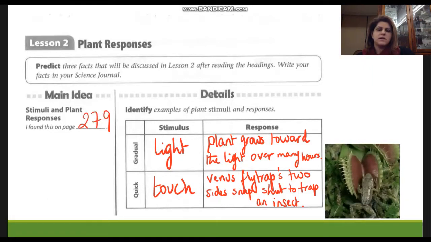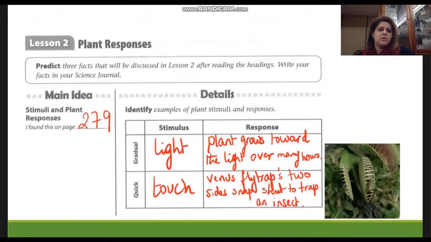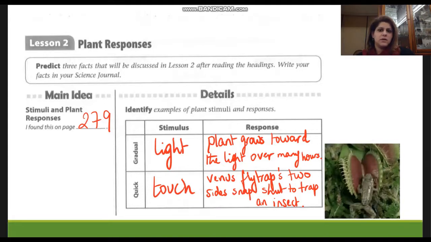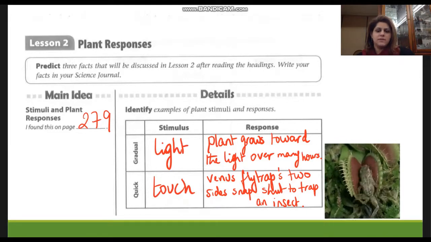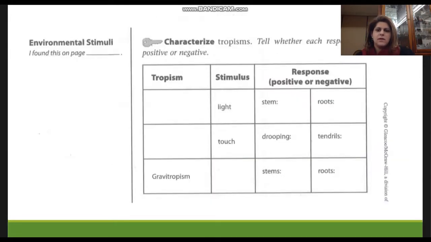Now all the answers that I've got, okay, are taken from the book, page 279. Now, the second exercise. Characterize tropisms. Okay, there are many types of tropisms. Tell whether each response is positive or negative.